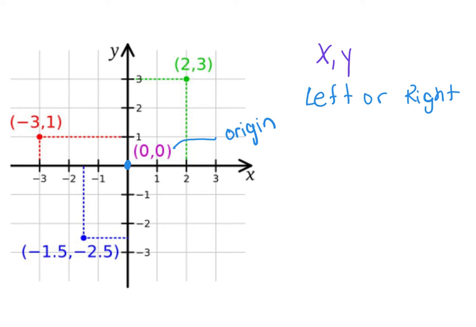And I would read the point by looking at my x-axis at what number it is. That will define the first coordinate. So for example, my green point, we started from the origin and we went to the number 2, and then we separate that with a comma, and we use our y-axis to determine how much it goes up or down.